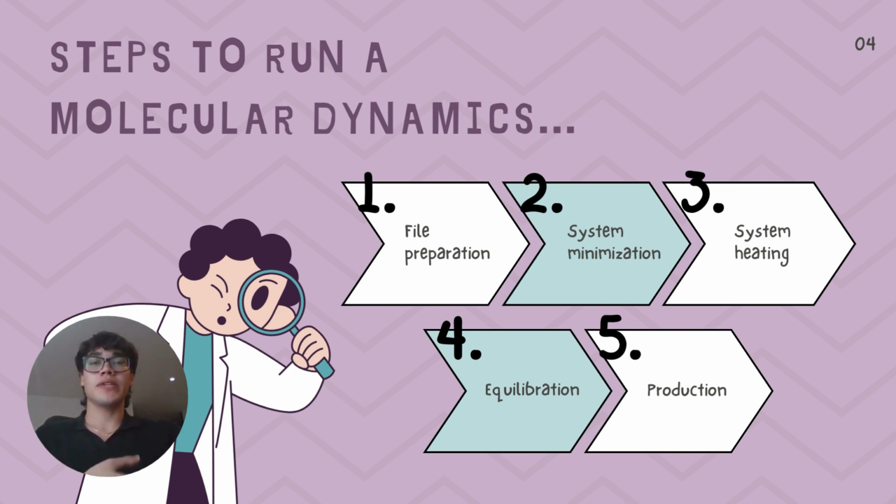Then we have to increase the temperature of the system by kinetic energy. And here we start to use Newton's equations of motion. And that leads us to the next step, where we let the molecules propagate the energy. And finally, we have the fifth step, called production. And here we let the molecules run or move freely in order to get their track.